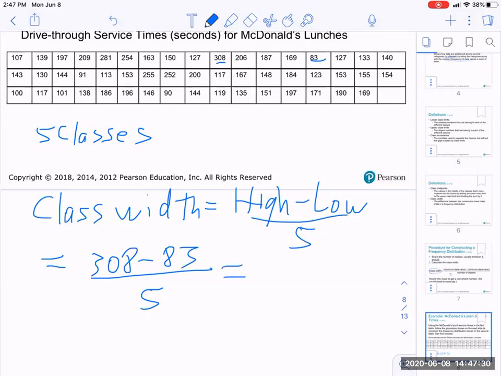Let's see what I get for a class width. 45. So let me write that down up here.